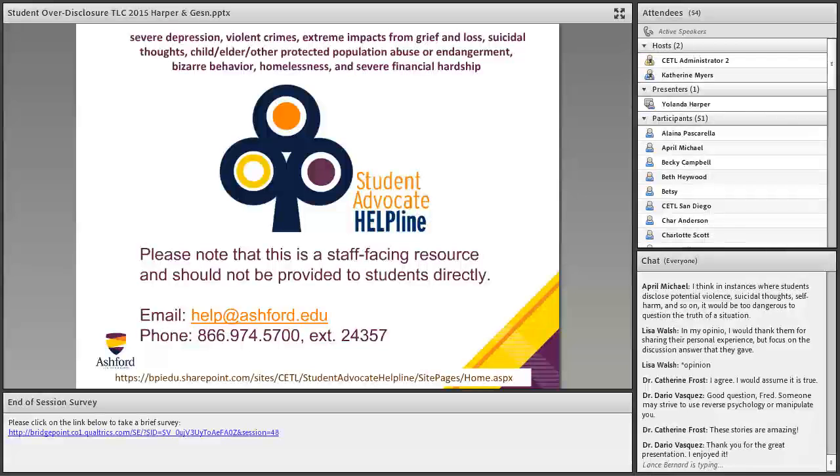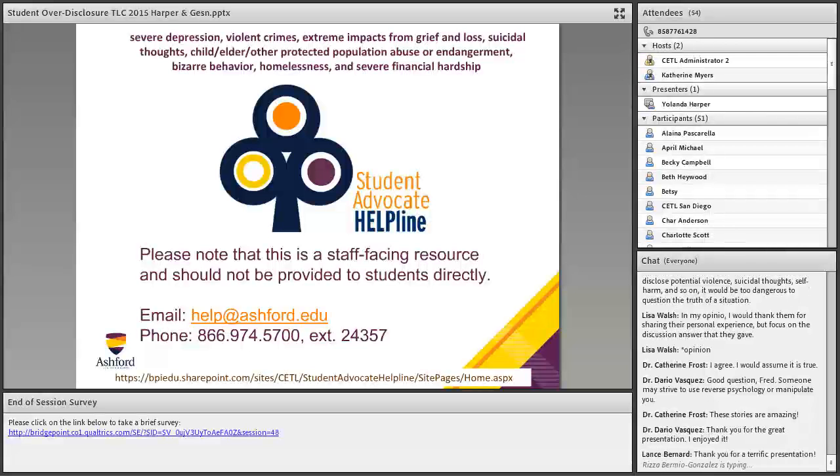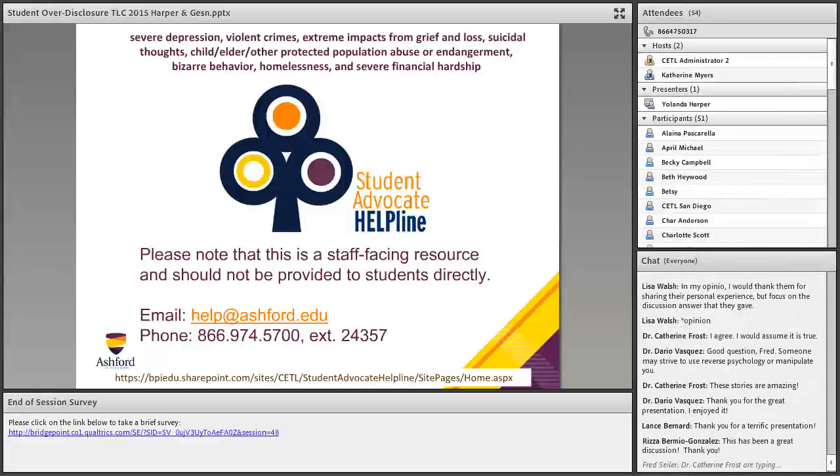We can also do a warm transfer to that extension, 4357, if we're talking to a student who seems to be in imminent crisis, someone who has communicated that they're in imminent crisis. I'm hearing some talking in the background, so I assume that we're out of time.